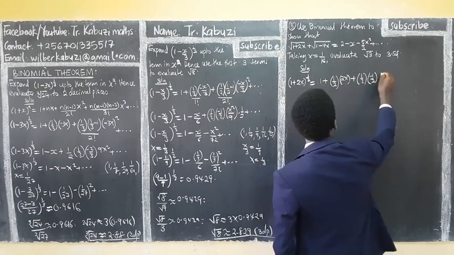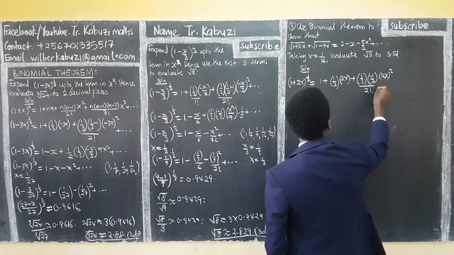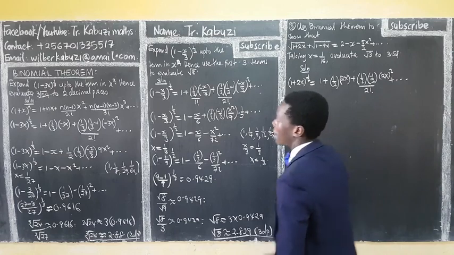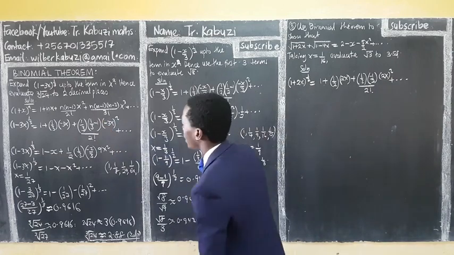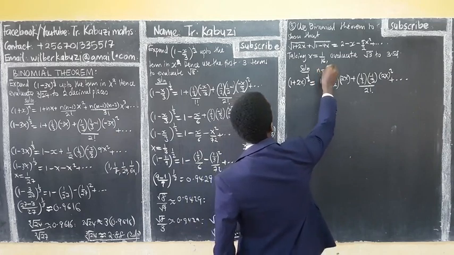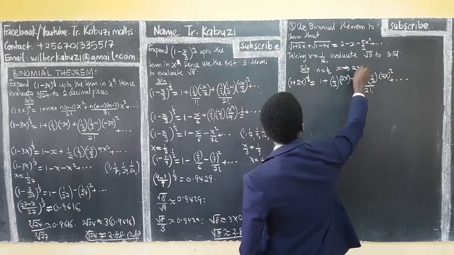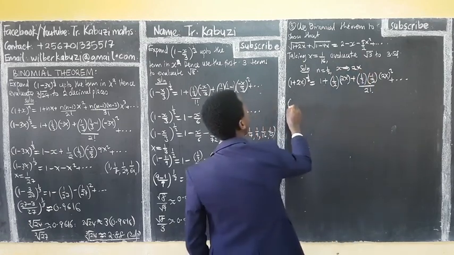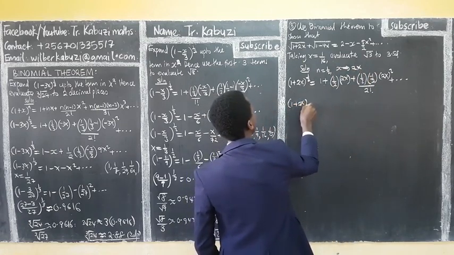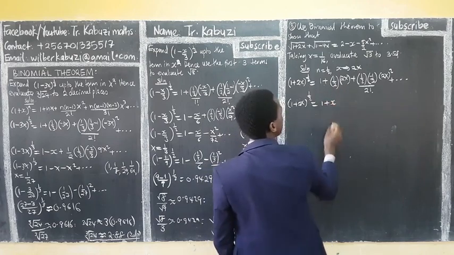Then this will be 2x, the whole square, over 2 factorial, plus other terms. I'm substituting in that formula. Why? Because starting from here, my n is a half, so that my x is 2x. So, to simplify this, 2x power half will be 1 plus x.